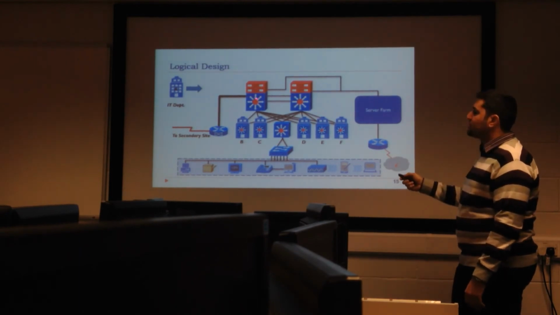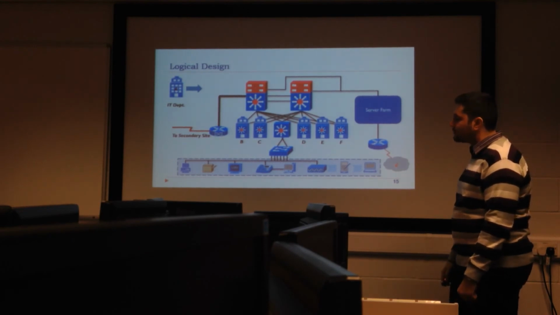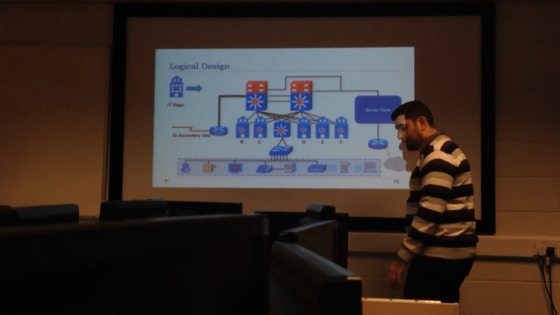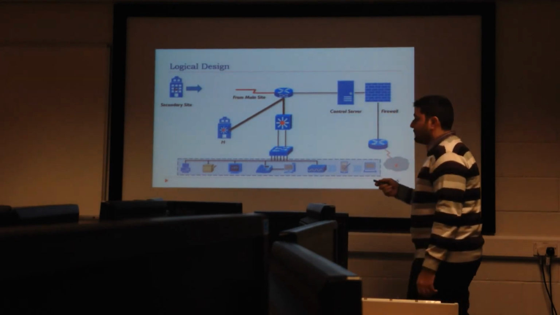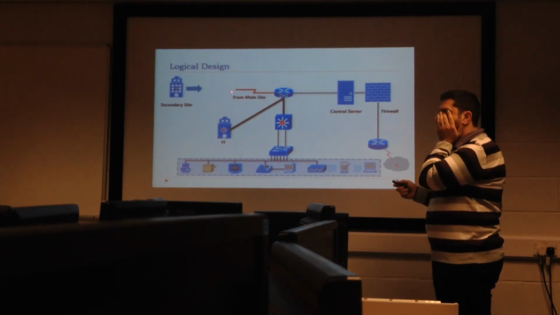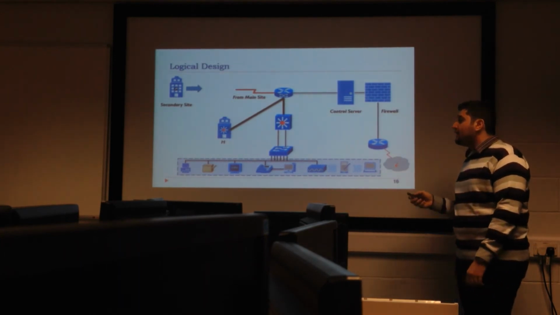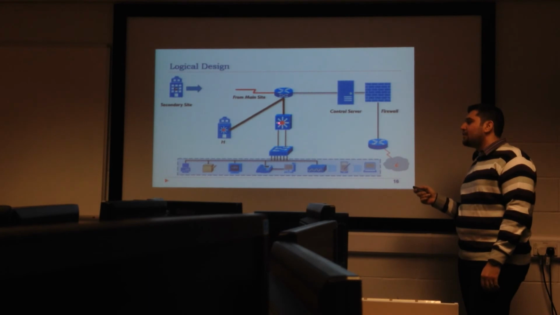Then we will have a connection through the core into the router to go to the secondary site. In the secondary site, we'll have the router receiving the WAN connection from the main site. We will have a distribution router in each building.